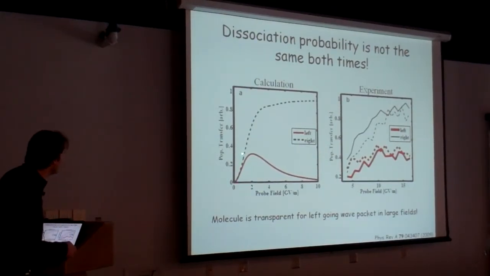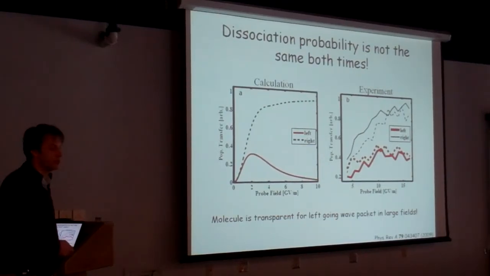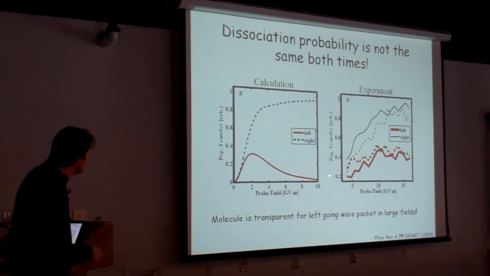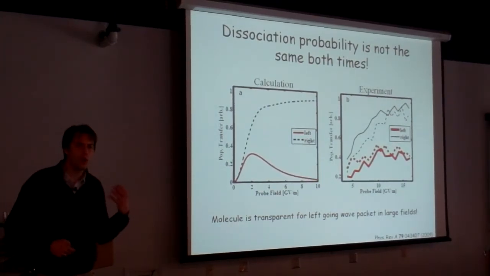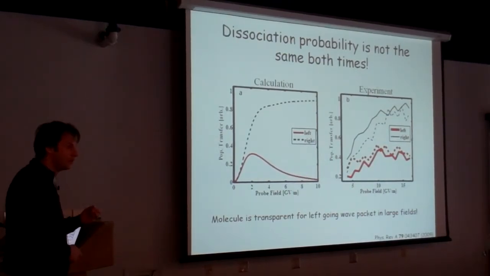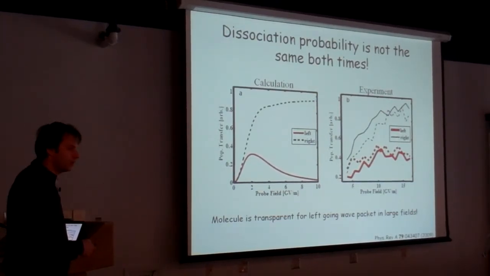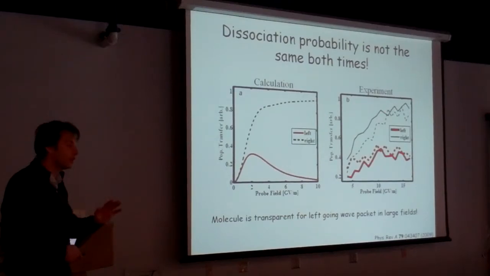However, as I crank the field up, you see something very interesting start to happen. At very high probe fields, there's actually no probability for population transfer if you're going to the left, and 100% probability or approaching that if you're going to the right. That is, the phase of the wave function differs for these two, the spatially varying phase, but that's it otherwise.